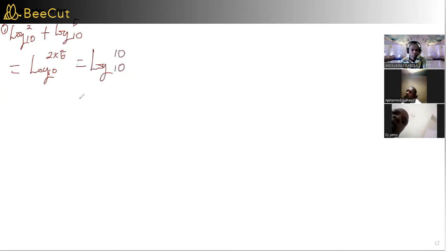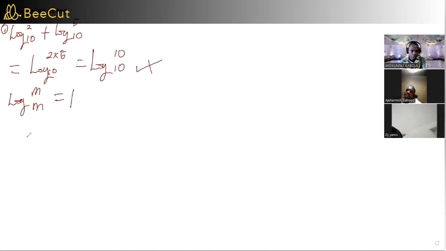Base 10. And if I leave my answer like this, I am not correct, because there's another law that says log of m base m must be 1 if they are the same. Are you getting that?